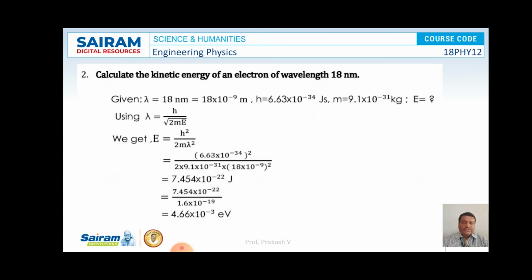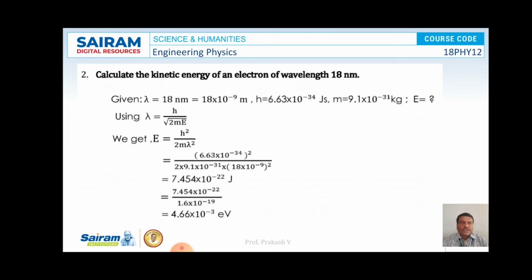The next problem is to calculate the kinetic energy of an electron of wavelength 18 nanometer. So here the value of lambda is given, that is 18 nanometer, and Planck's constant is 6.63 × 10^-34 joule second, and mass of the electron is 9.1 × 10^-31 kg.